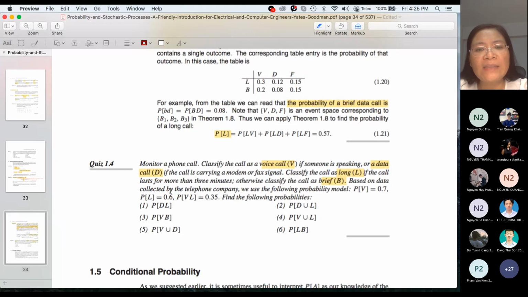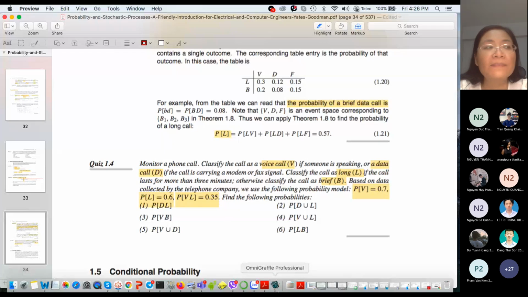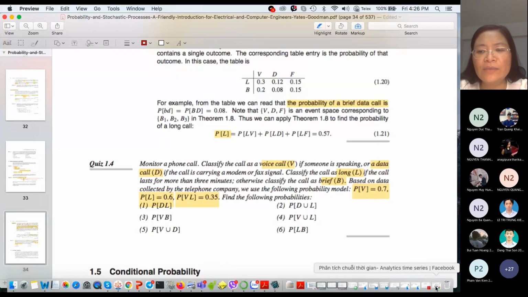Based on data collected by the telephone company, we use the following probabilities: P[V] equals 0.7, P[L] equals 0.6, and P[V and L], the voice and long, equals 0.35. Find the following probabilities, 1, 2, 3, 4, 5, 6. I will call 6 students to give me the solution.